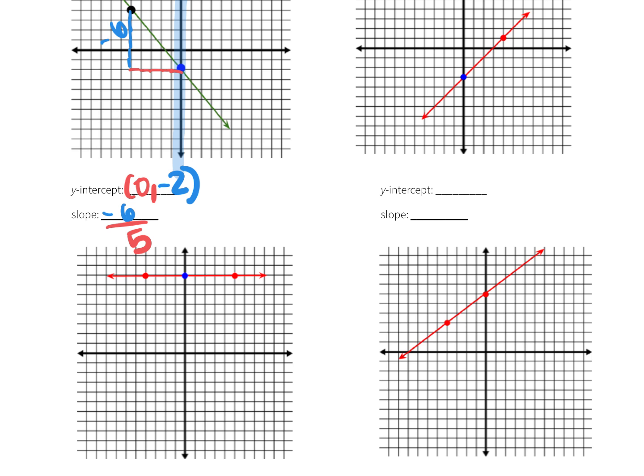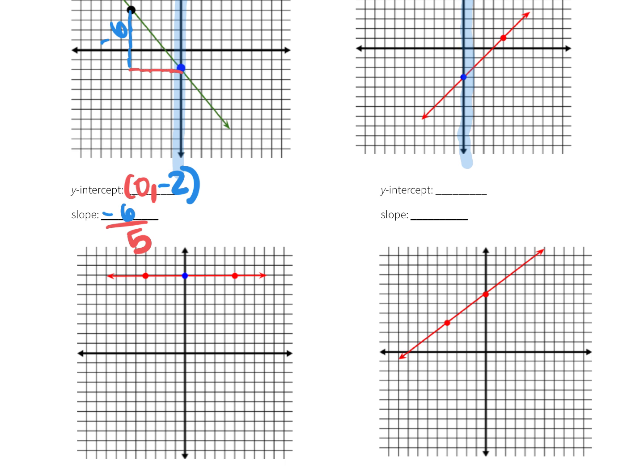What is my y-intercept? My y-intercept is the point on my y-axis, which is my vertical axis. Okay? Now I've found the point right here. And to determine its value, I need to see how far the point is from the origin.